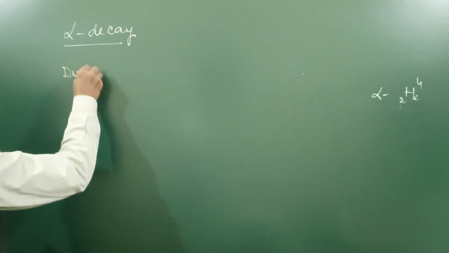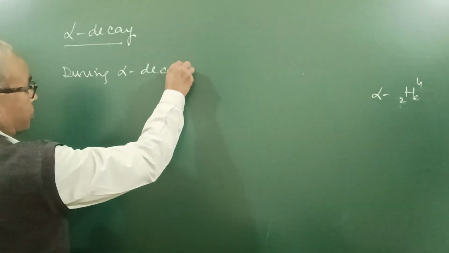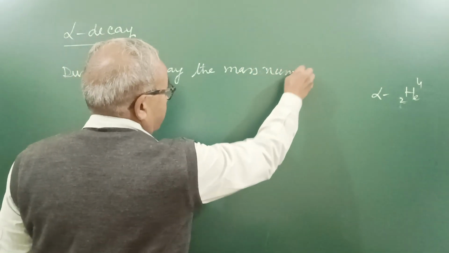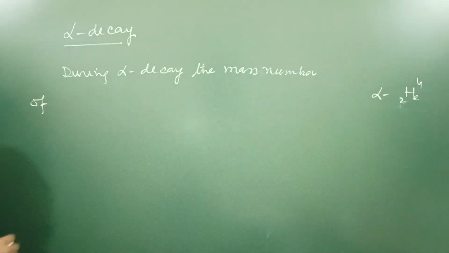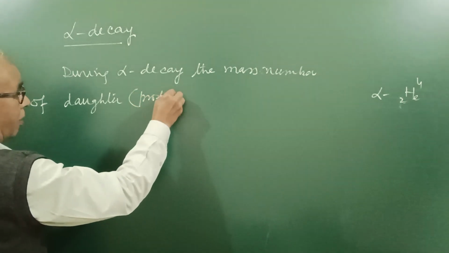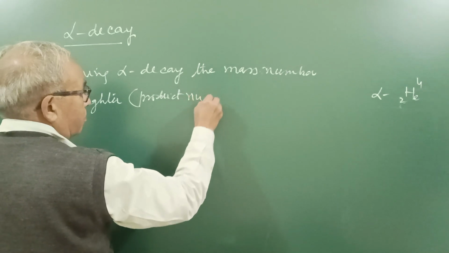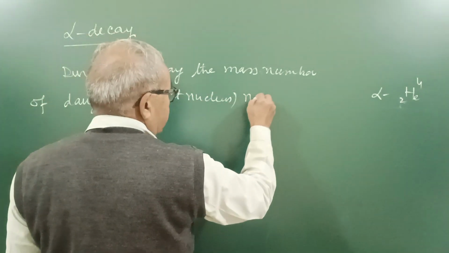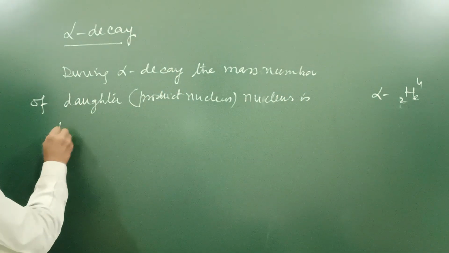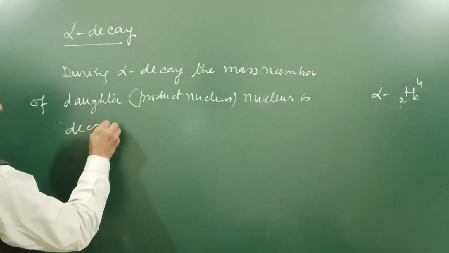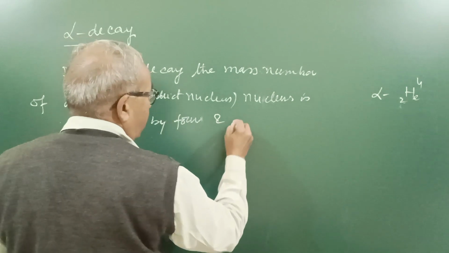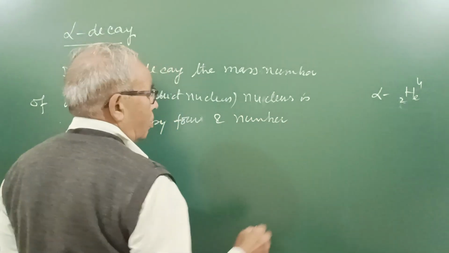During alpha decay, the mass number of the daughter nucleus is found decreased by 4, and atomic number by 2. Daughter means the product nucleus after decay.